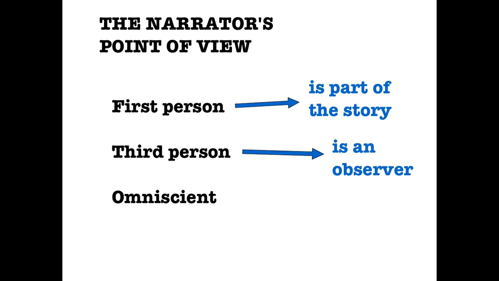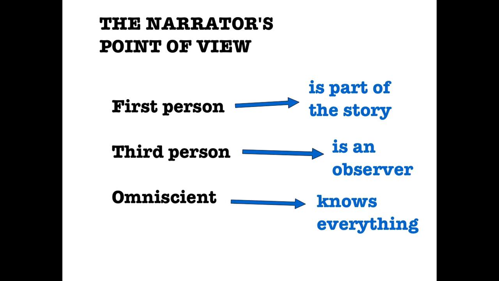The story is then told using the subjects he, she, and they. And finally, the omniscient narrator is one that knows everything from the story. He can report on all characters at all time and also provide you with insight on the characters' past, present, and future.